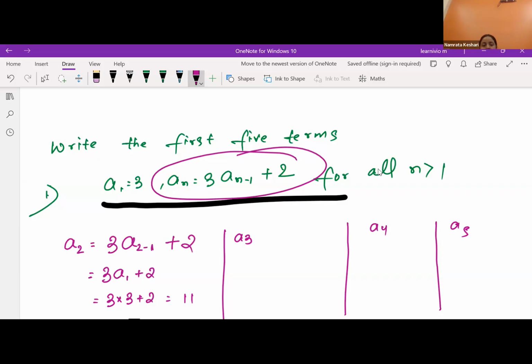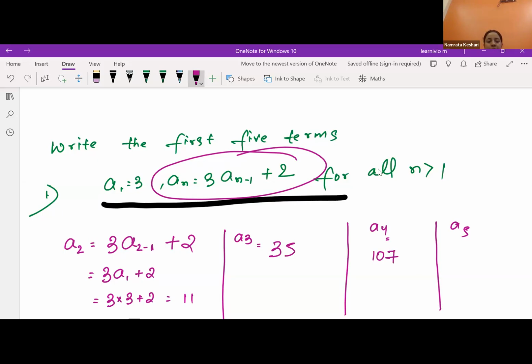Done. What you got, A3? What is A3, A4, and A5? A3 is 35. A4 is 107.